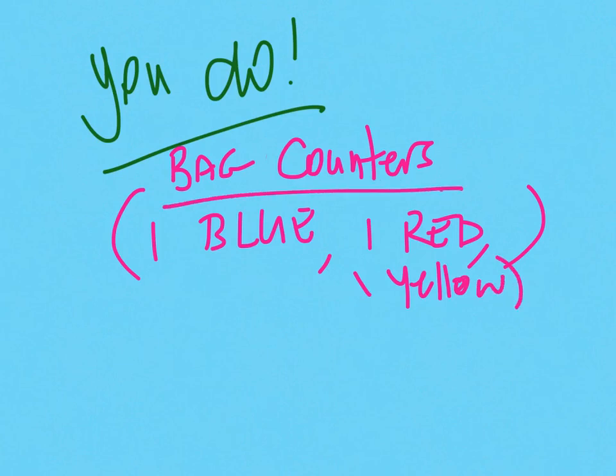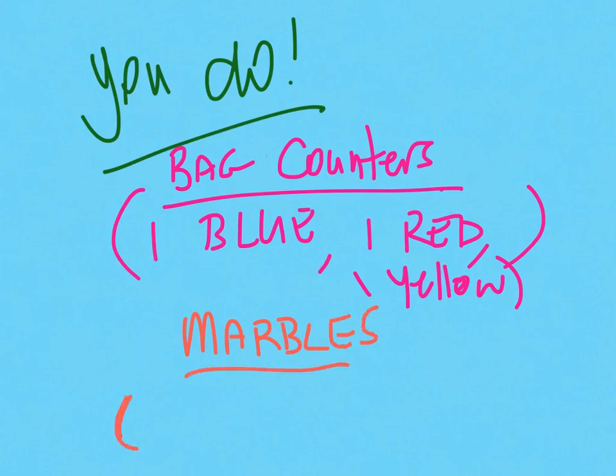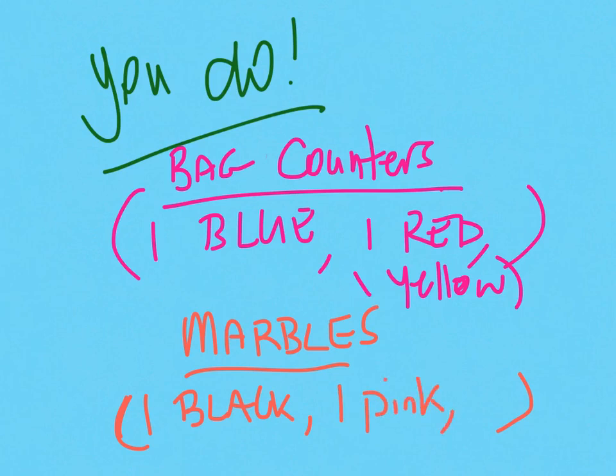In another bag, you have marbles. In that marble bag, you have one black one, one pink one, and one green one. I would like you to give me the sample space for the counters and the marbles. See you back in class.